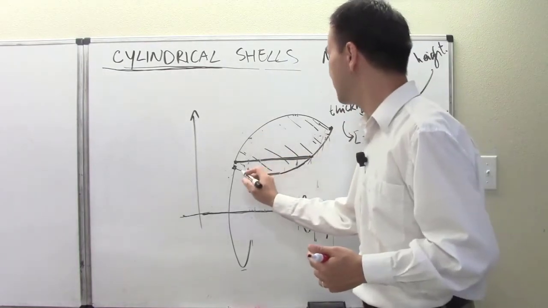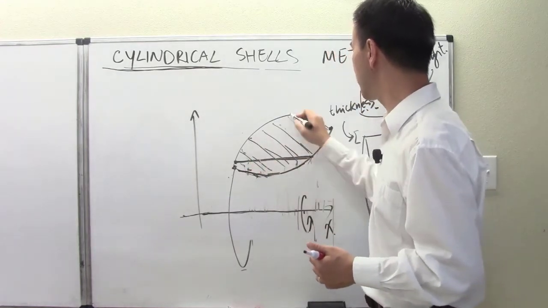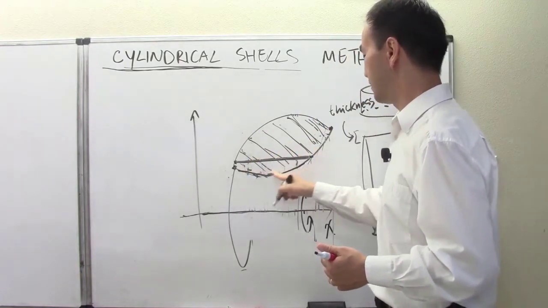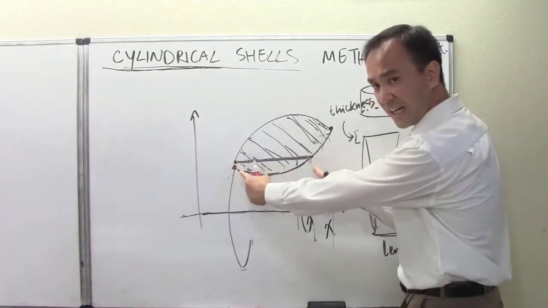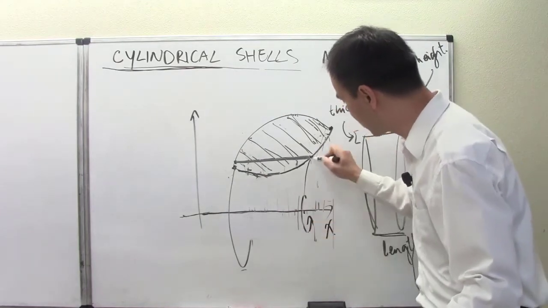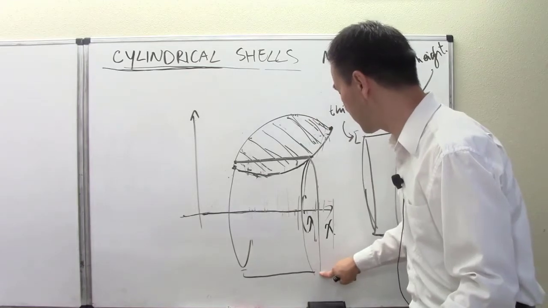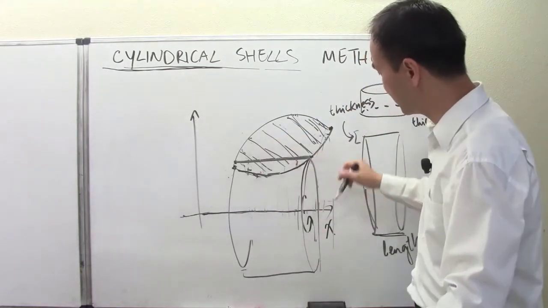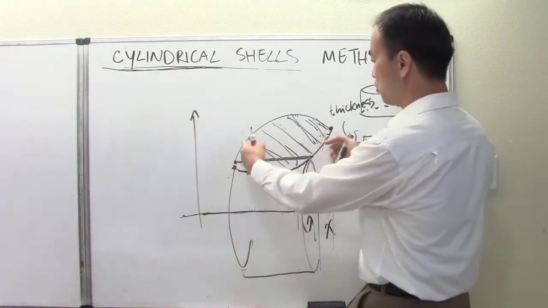All right, so here's our region that's to be rotated, and our shell is here. As I explained earlier, in this picture, the shell has its own length once we rotate it. But this length changes depending on which shell that is.